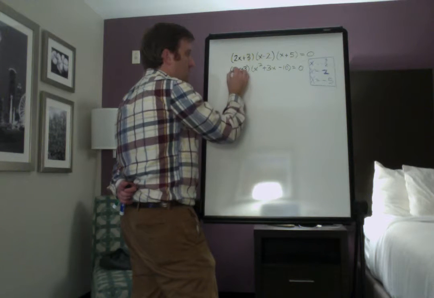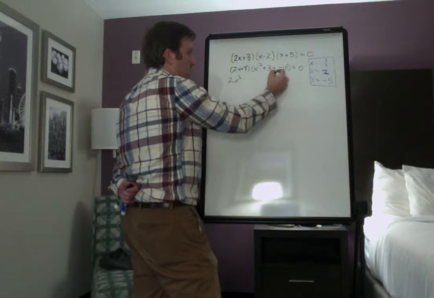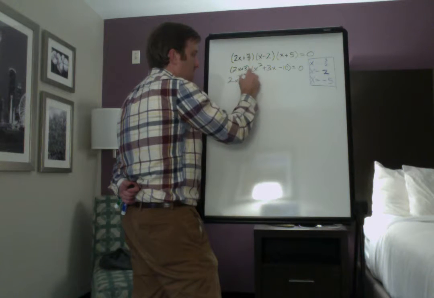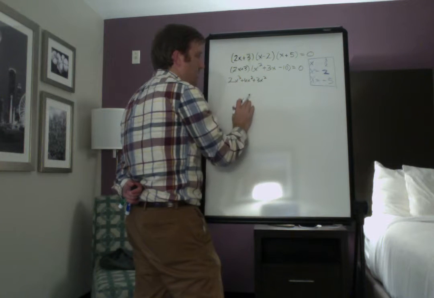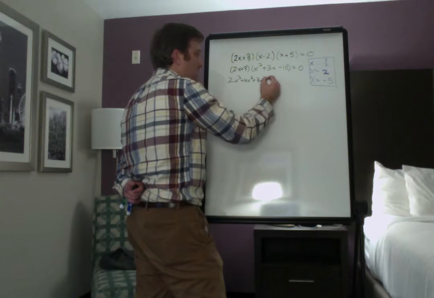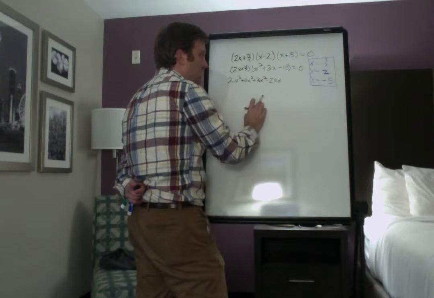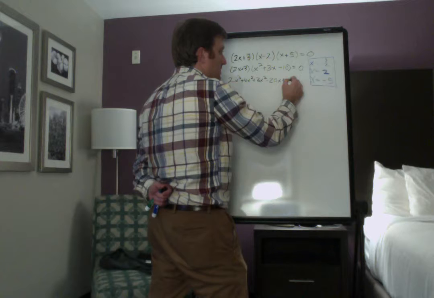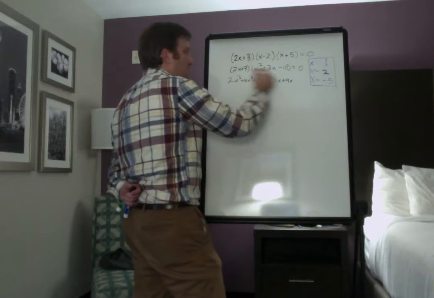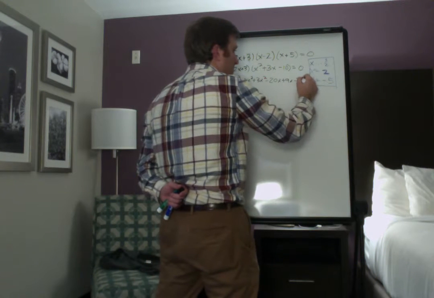Okay. Then I'll have 2x times 3x is plus 6x squared. And 3 times x squared is plus 3x squared. Then 2x times negative 10 is negative 20x. 3 times 3x is plus 9x. Okay. Then 3 times negative 10 is minus 30.